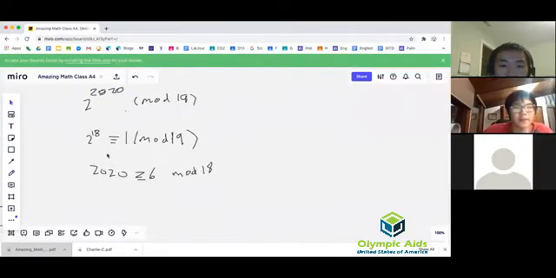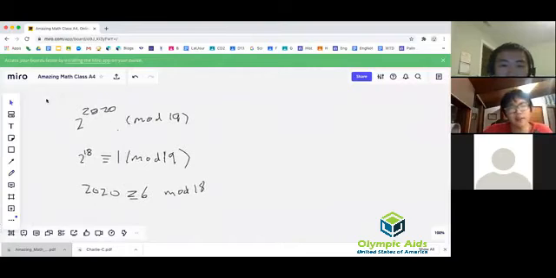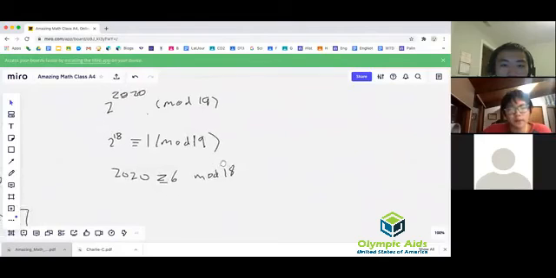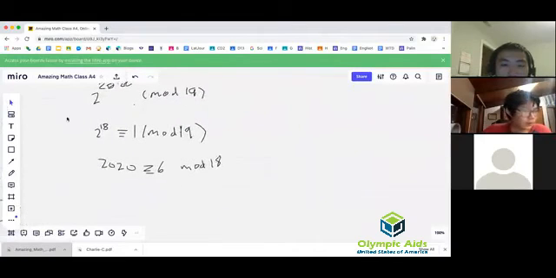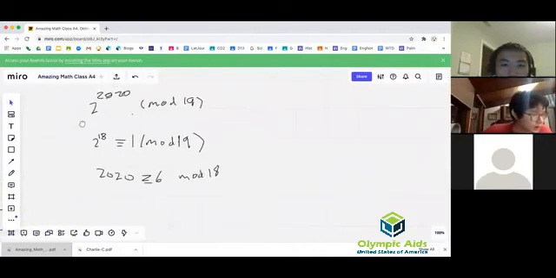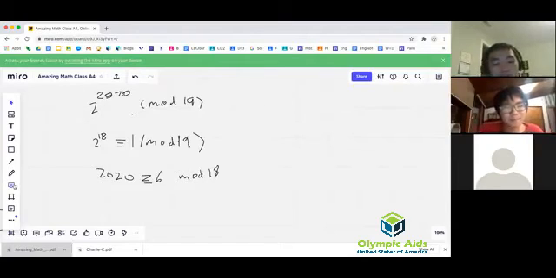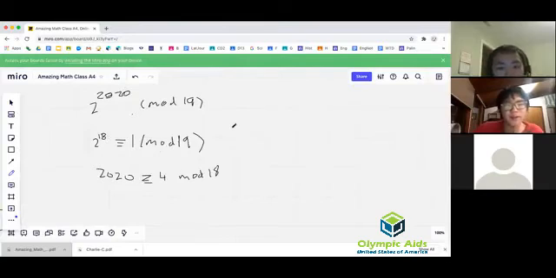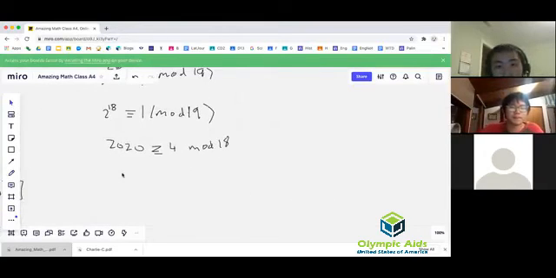Alternatively, you can find something such that 2 to the 18 times that will be 2 to the 2014. So yeah, 2020 mod 18. So then, wait, is it 6? I feel like it's not 6. Wait. I think it's 4. I think it should be 4 because 2016 is divisible by 9, and 2020 is 4.